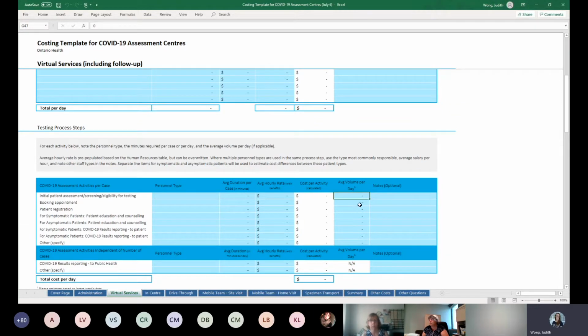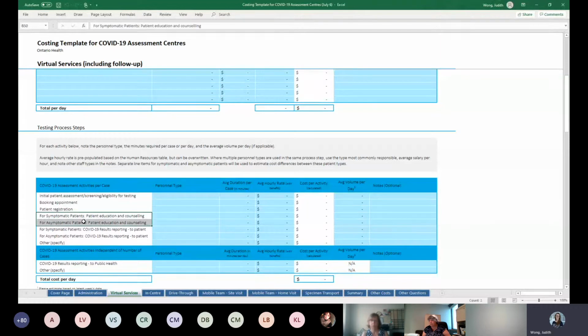For this particular tab, we are looking for separate volumes for each of these rows. So how many initial patient assessments your center would do per day. That's not the case across all tabs, but we believe this may vary quite a bit, so we want the volume for this specifically.